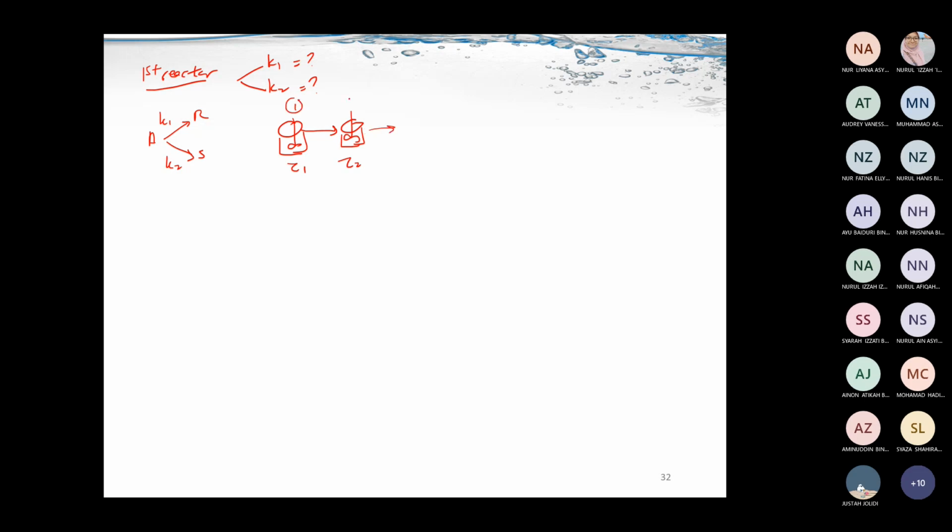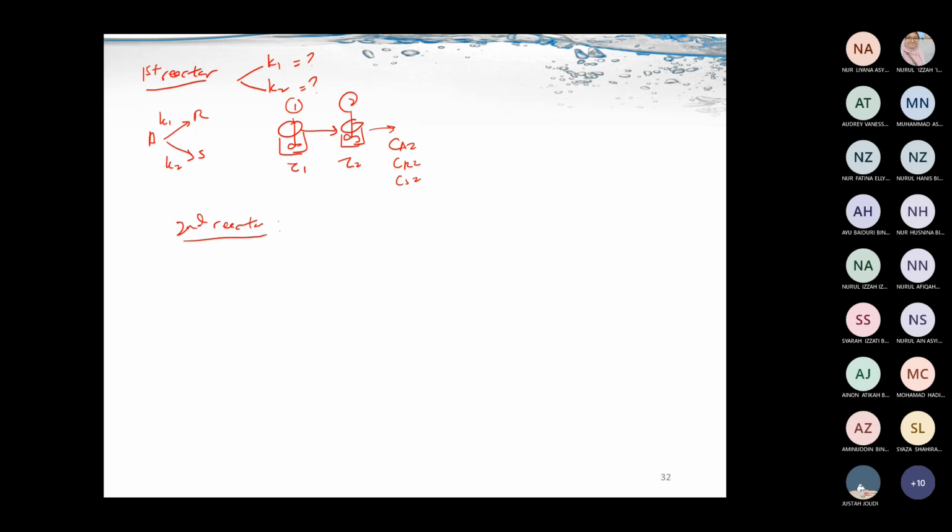In order for you to get what is Ca2 and also Cr2 and Cs2, of course you have to refer to the second reactor. So go for the second reactor. Reactor two is the same as the first reactor.